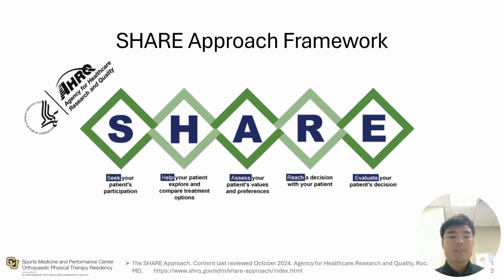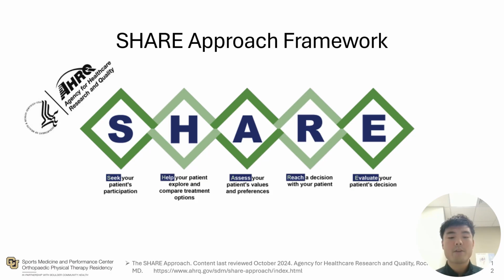So these key elements can be simplified into this acronym that was developed by the Agency for Healthcare Research and Quality, known as the SHARE approach framework. This framework is broken down into 5 key processes. First, we seek patients' participation by inviting them into the decision-making process. Second, we help them explore and compare treatment options, including the benefits and harms of each.